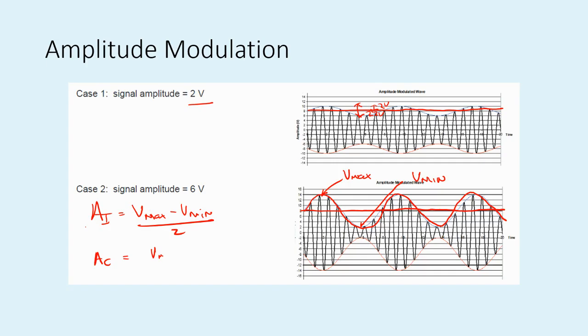Now, if we want the carrier amplitude, we want the middle of these two values. And the middle of the two values is the average. You add them up and divide by 2. So if we want the depth of modulation, we take these values and we divide them. So this divided by this, which means the same as this divided by this. And we remember, of course, we write depths of modulation as percentages. So you're going to times by 100 to a percentage.